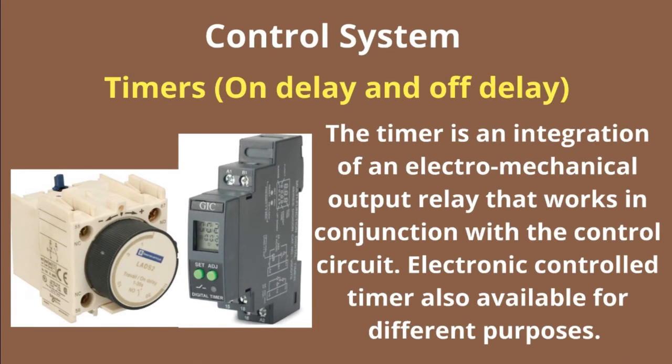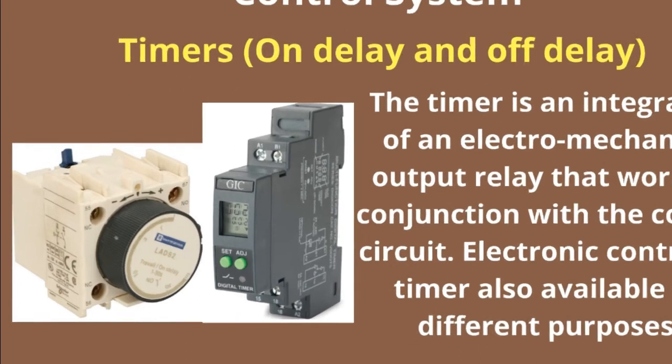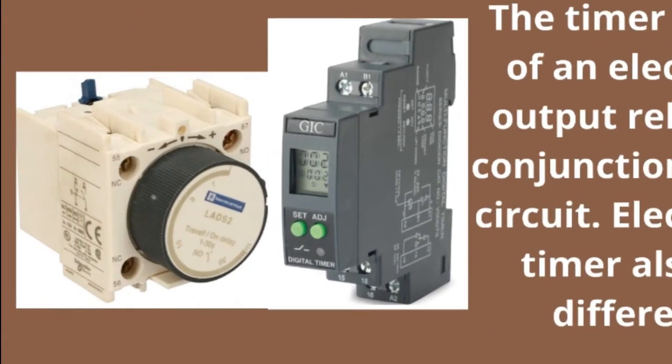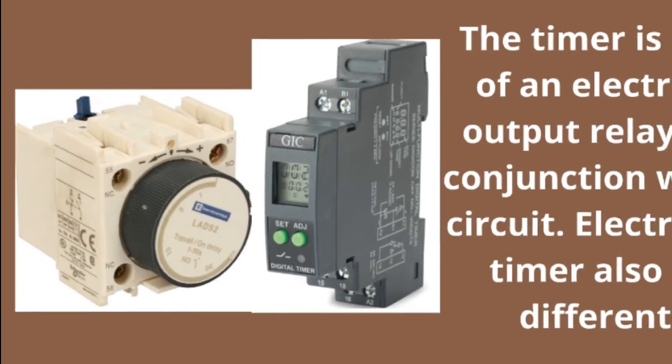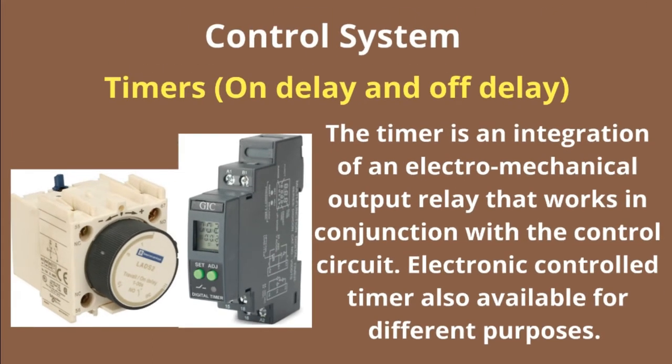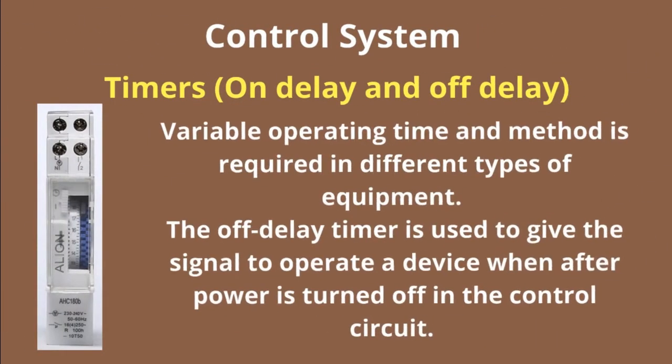Timers, on delay and off delay. The timer is an integration of an electromechanical output relay that works in conjunction with the control circuit. Electronic controlled timers are also available for different purposes. Variable operating time and method is required in different types of equipment.